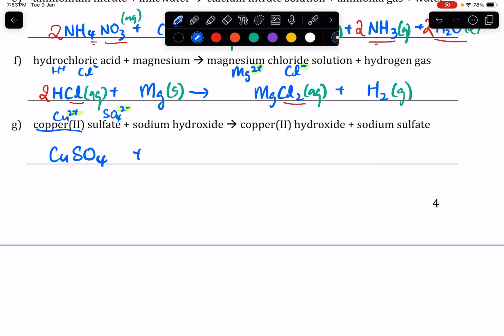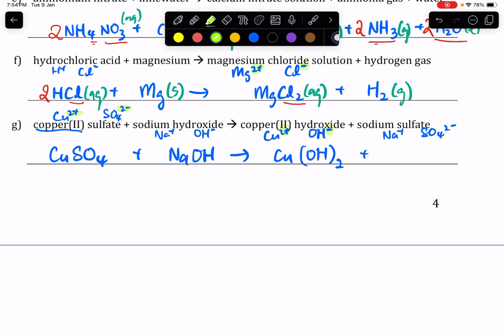Sodium hydroxide, Na plus, hydroxide OH minus, balanced already, NaOH. Copper 2 hydroxide, Cu2 plus, OH minus, I need 2 times 2 to the hydroxide, Cu(OH)2. Sodium sulfate, Na plus, SO4 2 minus. Again, you need to multiply by 2 to sodium.